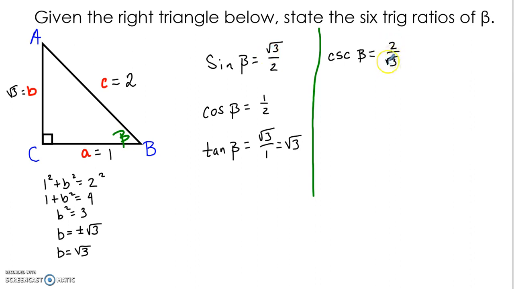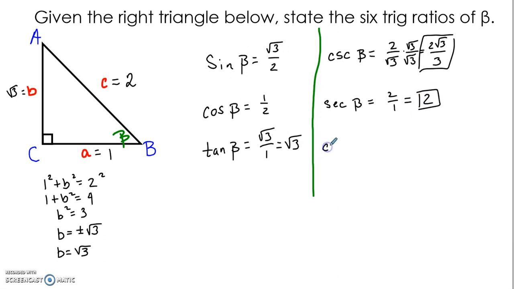But now this is where we had to practice simplifying, and we're just going to multiply by radical 3 over radical 3. So 2 square root of 3 over 3. Here's our cosecant of beta. Our secant of beta is going to be the reciprocal, so it's just a 2.